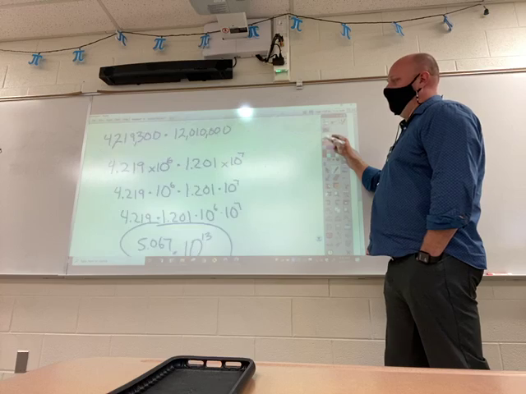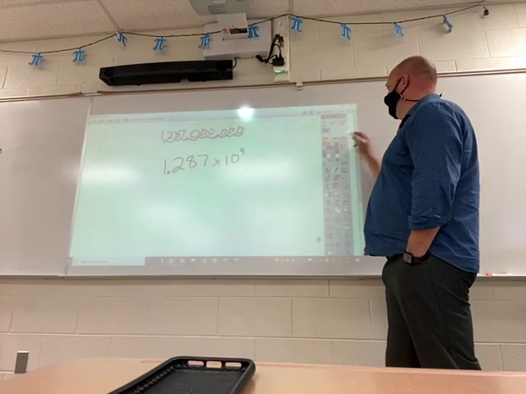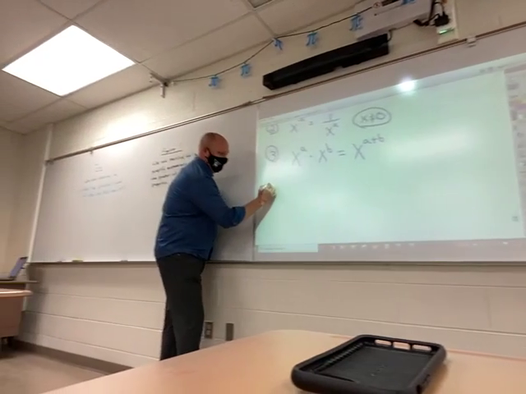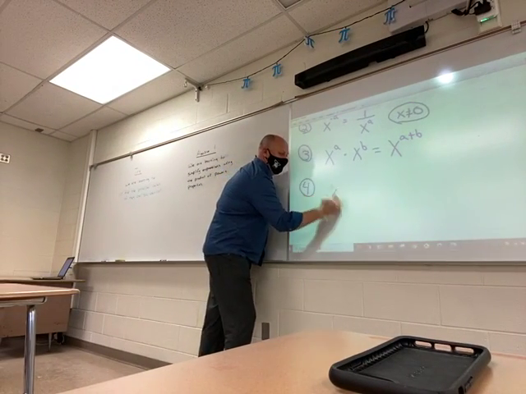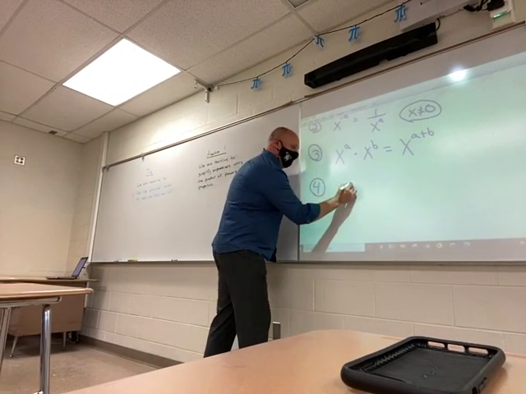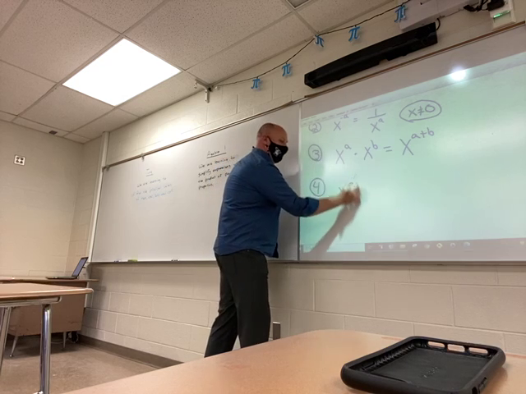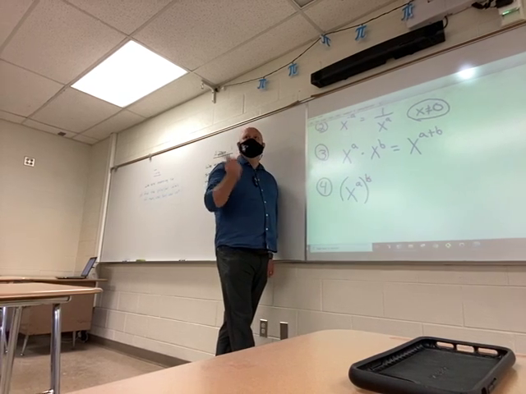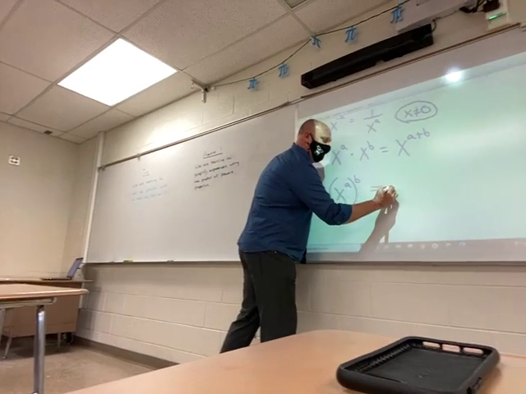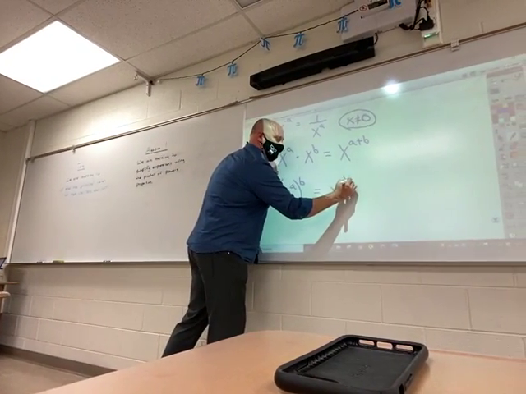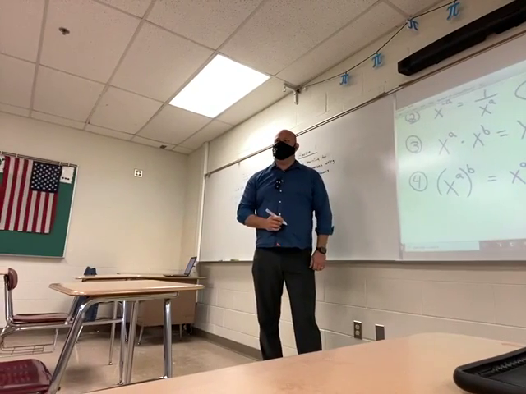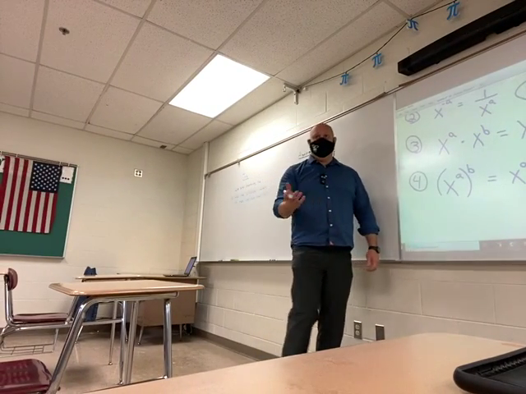So rule number 4, you can add to your notes, is if you see a base that's raised to a power, and then that is also raised to another power, what do you do with your exponents? You just multiply. And that one would be AB. Simple enough?